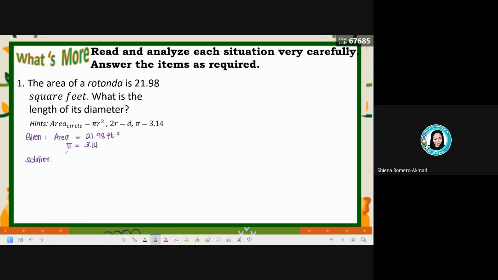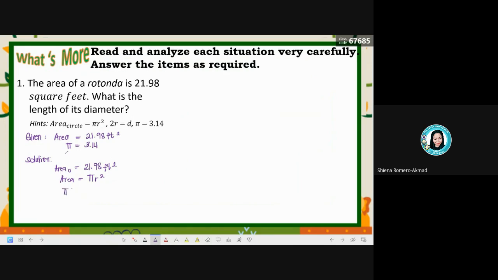So, ano ang magiging solution natin dito? First, we will use the area of a circle. That is 21.98 square feet. We will use the formula, and the formula is pi r squared. Equate natin sila.